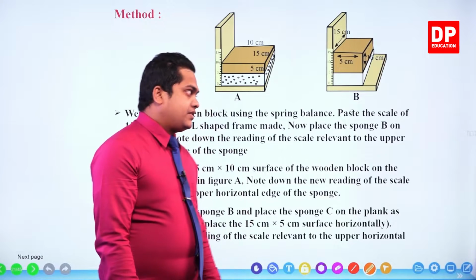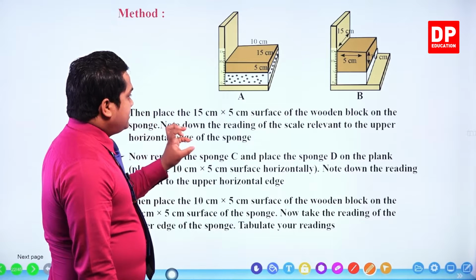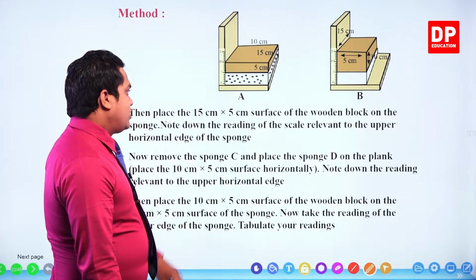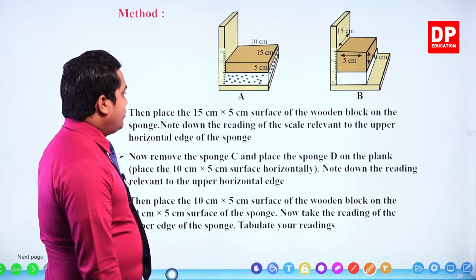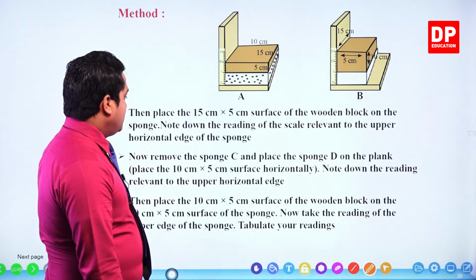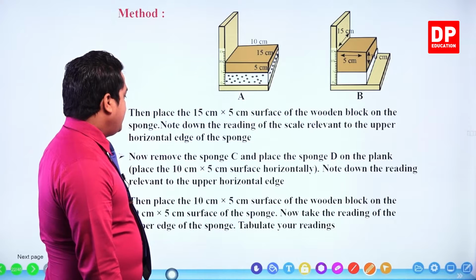Right. Then what you have to do? Then you have to place the 15 by 5 surface of the wooden block on the sponge. Then note down the reading of the scale relevant to the upper horizontal edge of the sponge. Now remove the sponge C and place the sponge D on the plank.